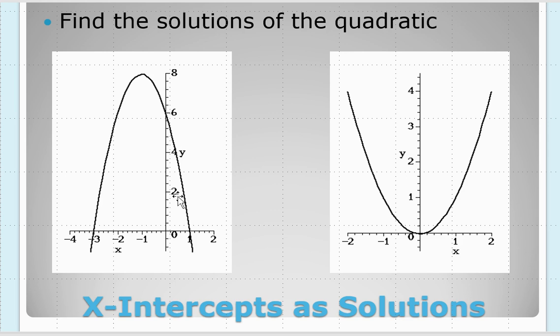So, find the solution of the quadratic. It is the x-intercept. It is the point in which our parabola crosses the x-axis.